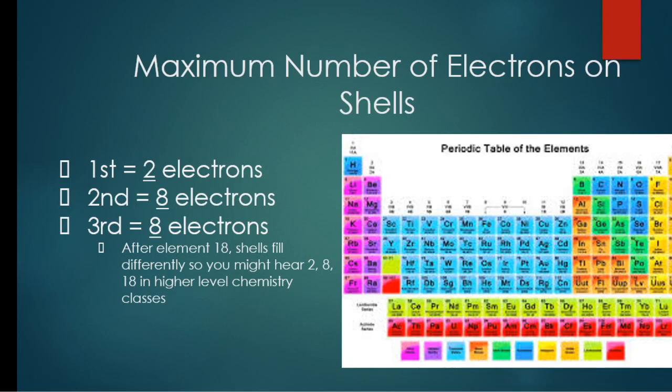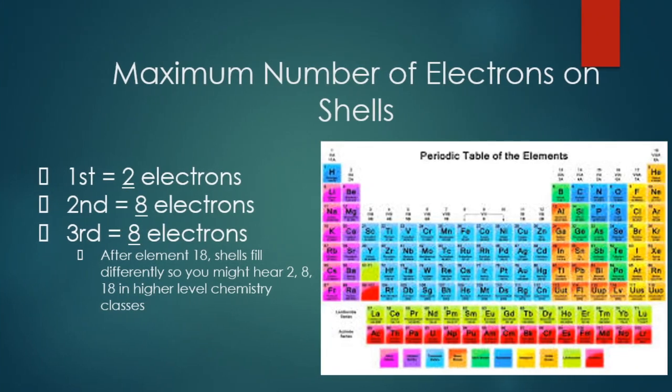As you can see, this is definitely built off of the periodic table. And then the third is 8 as well: 1, 2, 3, 4, 5, 6, 7, and 8. So that is the maximum that they can hold. The first shell can only hold 2, the second and third 8.